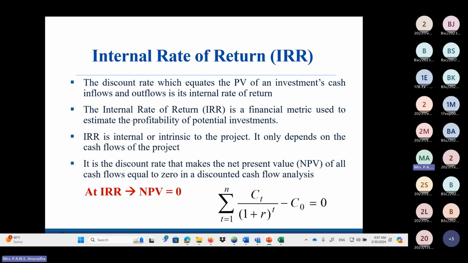So you can see some explanations here. Internal rate of return, or IRR, is the discount rate which equates the present value of the investment cash inflows to the outflows. So what is the IRR technically? If you recall the YTM, same thing.